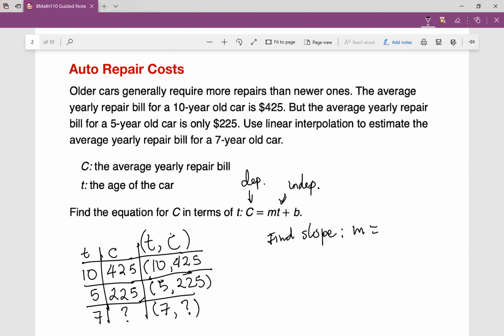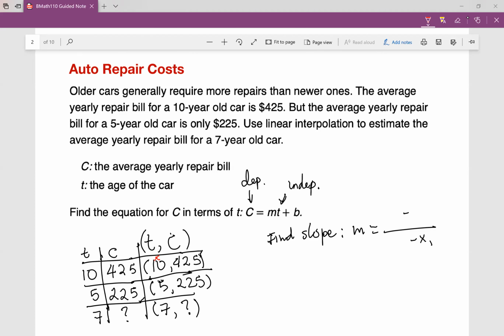And if you are in college algebra, in order to find the slope, you have y2 minus y1 over x2 minus x1. But in here we don't use y, right?